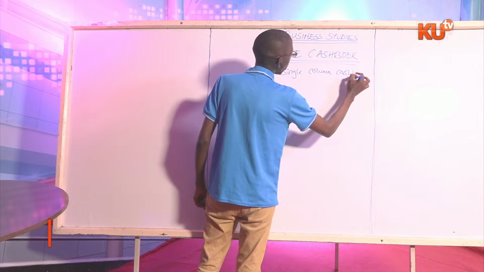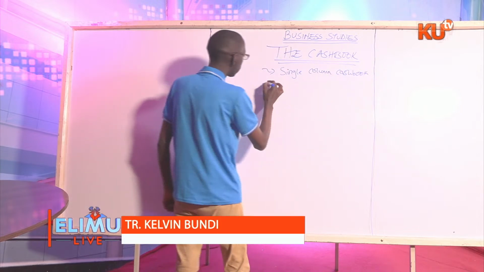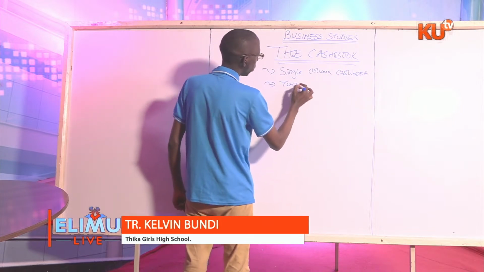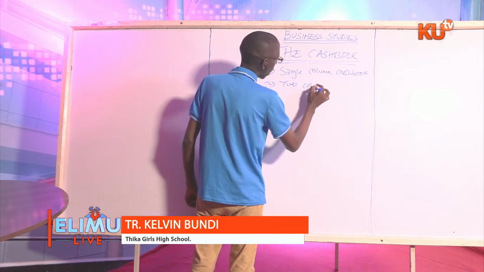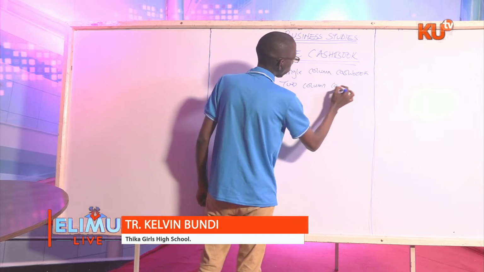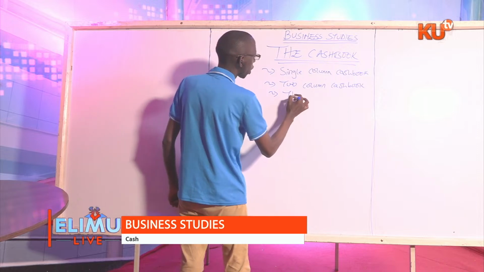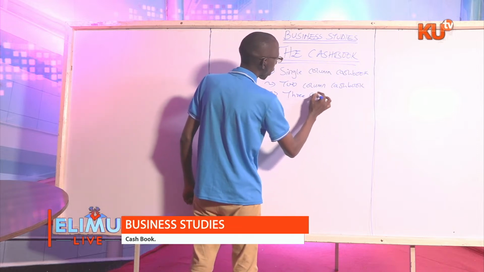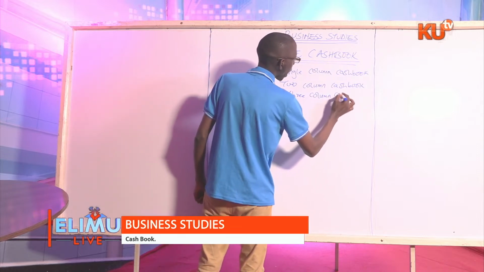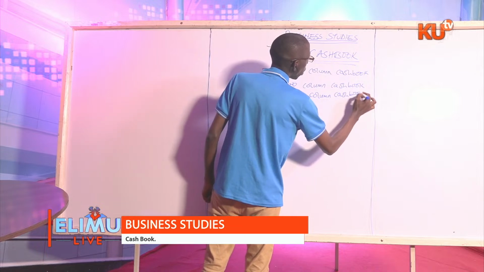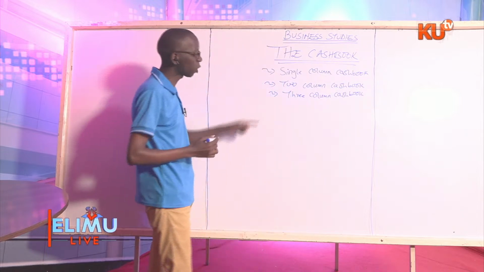We have the two column cash book, and we have the three column cash book.